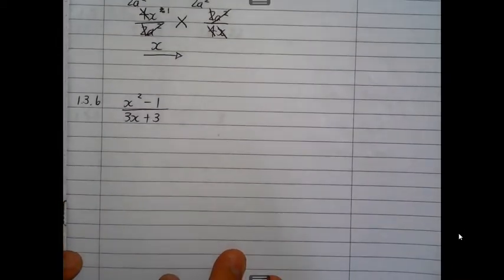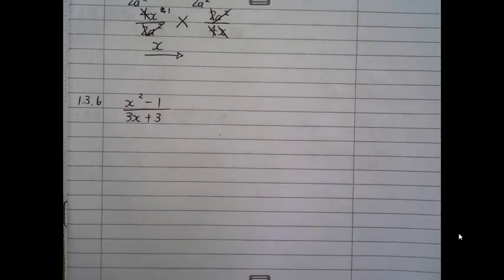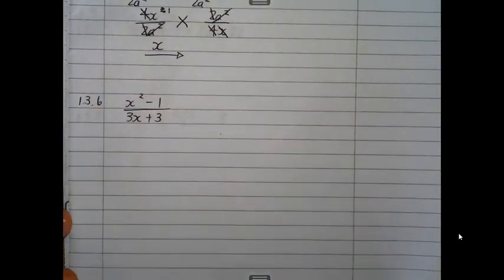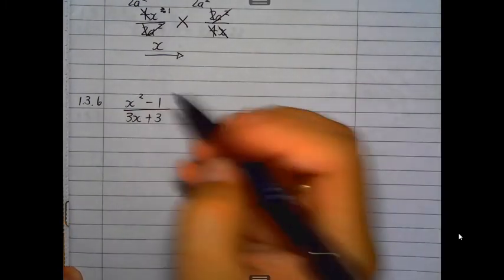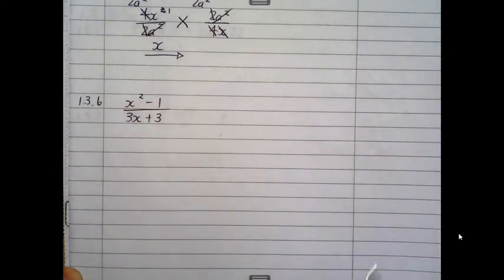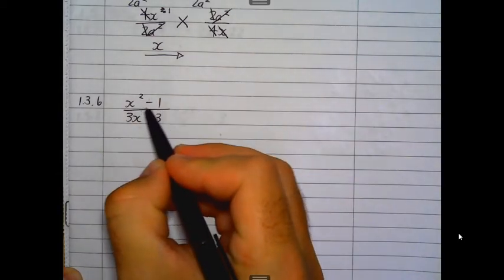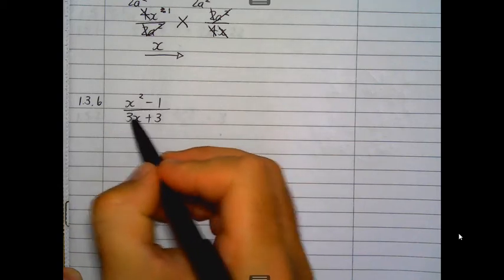And now we start talking a little bit about factorizing. Although this is still 1.3, so it's still simplifying, we are going to have to factorize before we can simplify. Now, the temptation that some of you might fall for is to cancel this x with one of those x's. You can't do that because there is a minus and a plus. There's a binomial and a binomial.